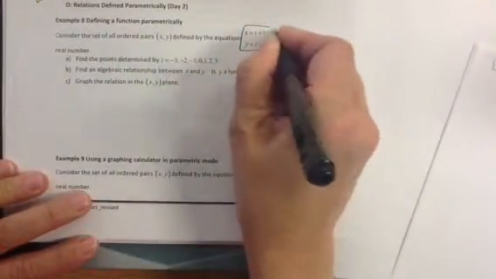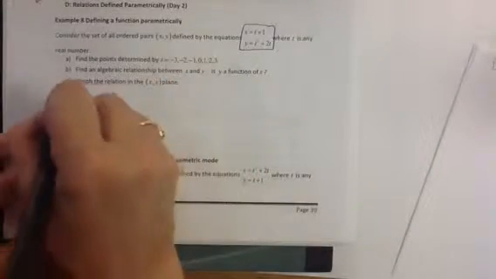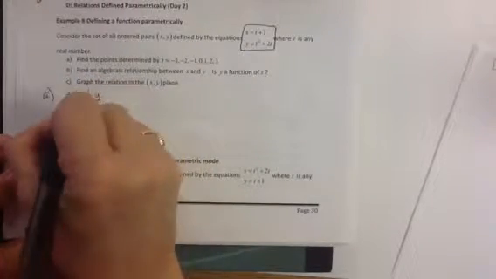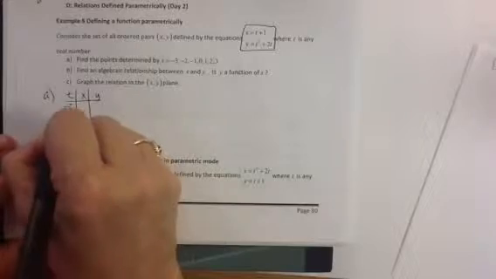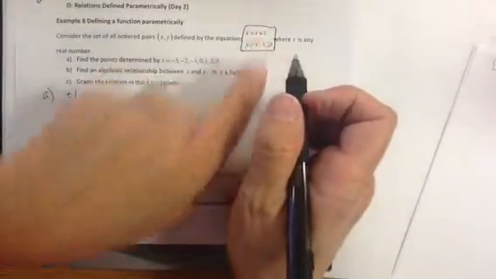Now, defining parametric equations. This is our parametric equation, and we are going to look for finding these points. So if I have t, and I have x, and I have y, I'm going to plug in these values into my equation. So I'm going to take negative 3 plus 1, that's negative 2.